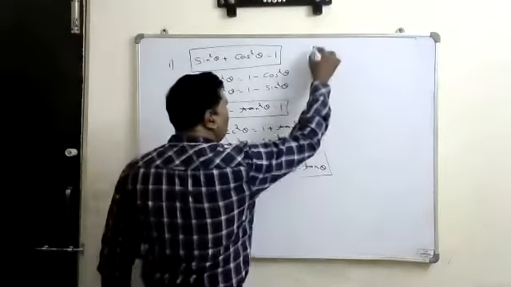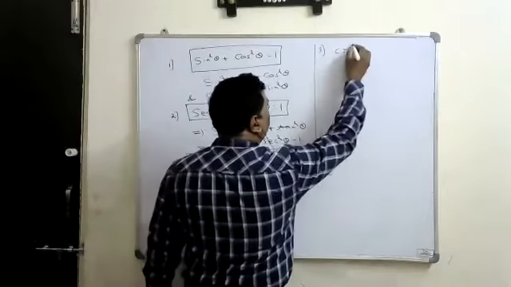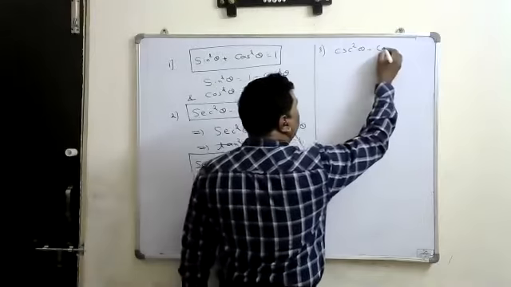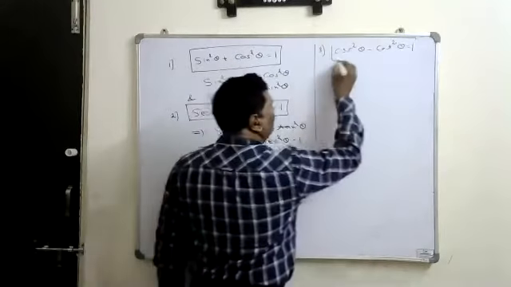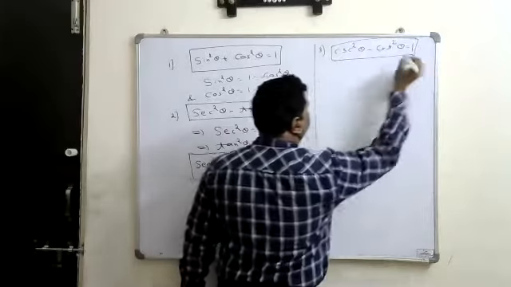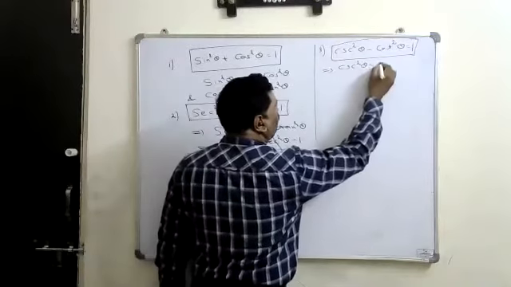And the third identity is cosecant square theta minus cot square theta is equal to 1. That implies from this, cosecant square theta is equal to 1 plus cot square theta.